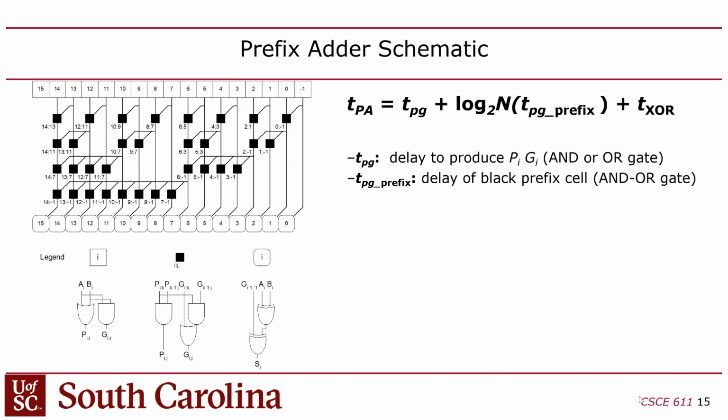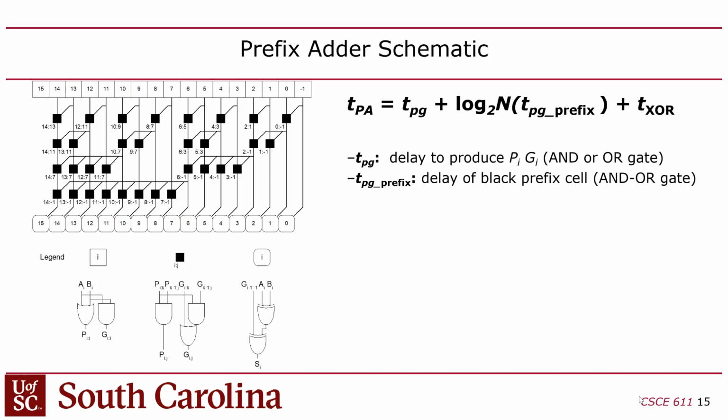So what I'm getting is, again, I and J is going to be 14 down to 11, so I have a 4-bit group I'm forming. But K is going to be 13, so this is I, K, and then J is 11, right? So I take the propagate and generate 14 down to 13 and the group of 12 down to 11, and I combine them together, and that gives me a bigger group, 14 down to 11, right?